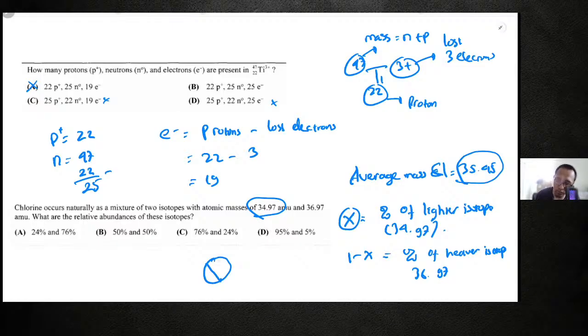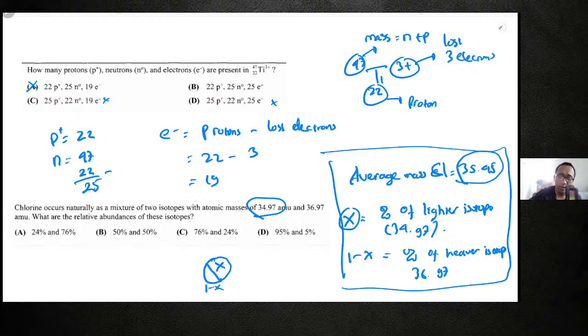You assume this part is X. How do we determine the other part? It's very easy, just 1 minus X. It's the same concept of how to determine the relative abundance of the isotopes.